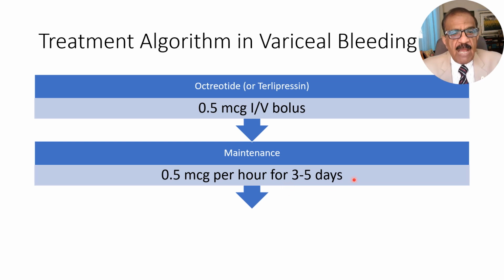Now, the point I would like to make here is that the patient would probably be controlled in maybe 12 hours, 24 hours, but the infusion is still continued. Why so? Because once the variceal bleeding stops, we still want to keep portal pressure at a relatively low level by keeping splanchnic vessels constricted, so that there is complete healing.